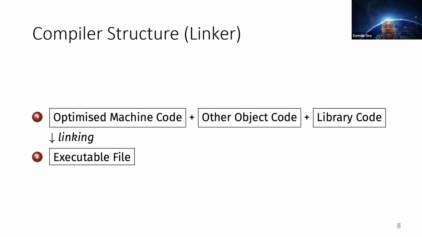The executable file is hardware specific to the computing system on which it is being executed. So as you can see, through the different phases of the compiler, the input is the program source code, and the output is finally the executable file, such that the program can be executed for a particular computing system itself.